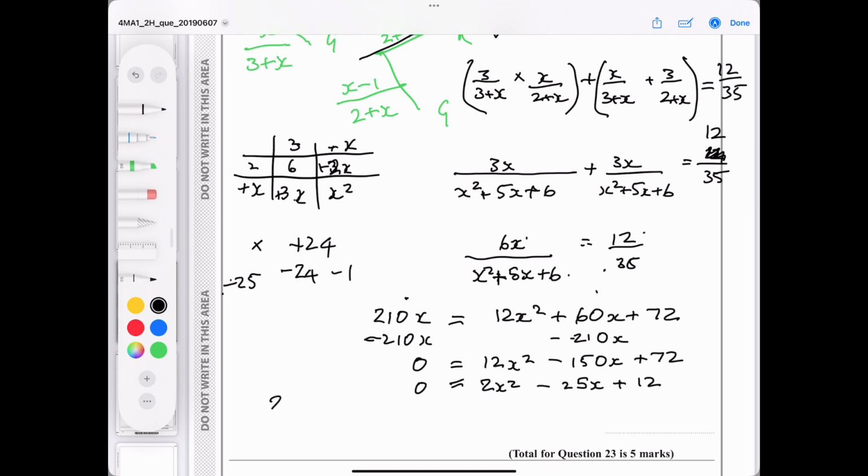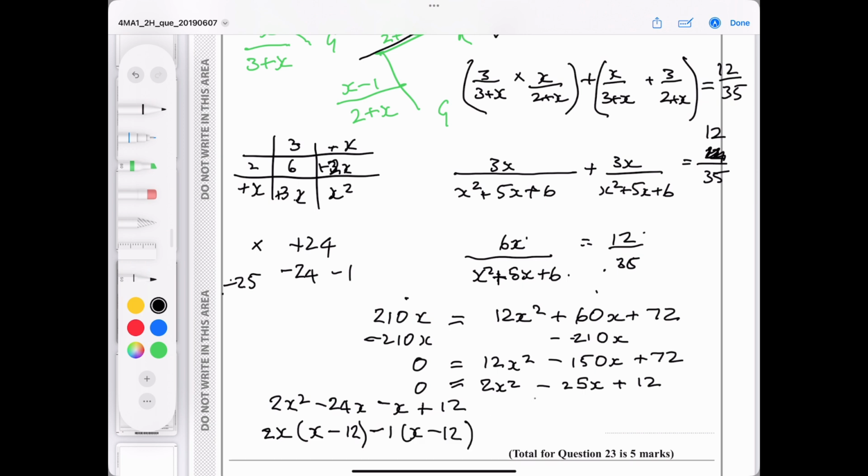So if we do this, 2x squared minus 24x minus x plus 12 would equal, let's take 2x out, and that would be x minus 12, and then that would be minus 1, and that would be x minus 12.